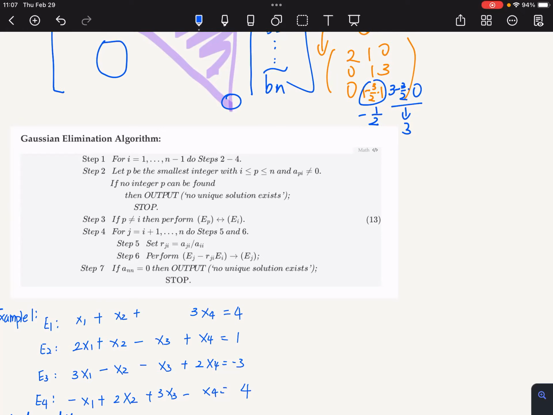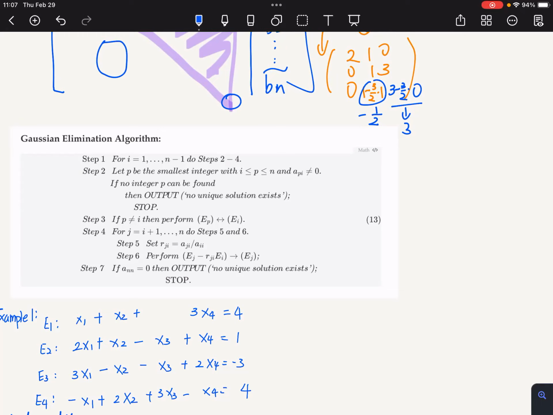For a specific i, how many divisions do we do here? We have n minus i divisions, because we do it for j equals i plus 1 up to the end.